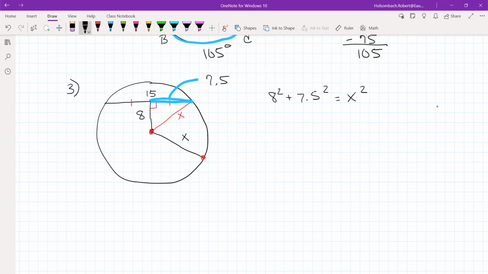So 120.25 equals x squared, and then we're going to find the square root of both sides. So 10.97. We're rounding our answer to the nearest tenth. So 10.97 equals x. Rounded to the nearest tenth would give us 11.